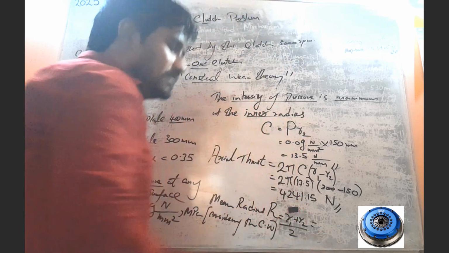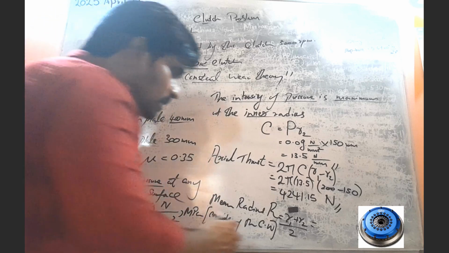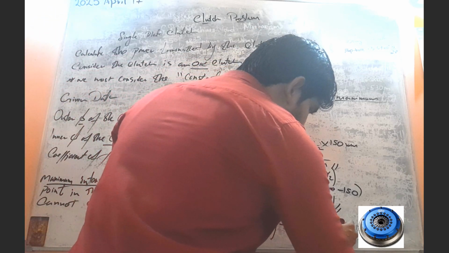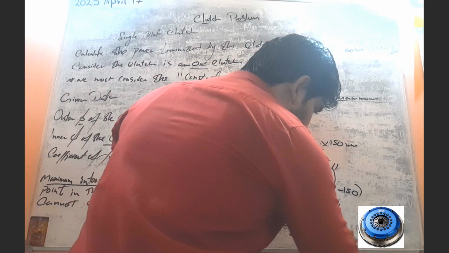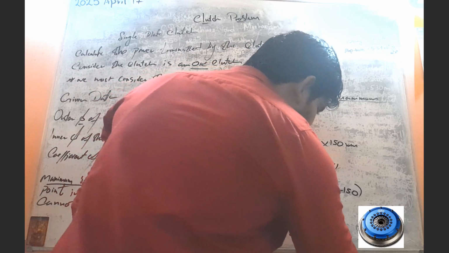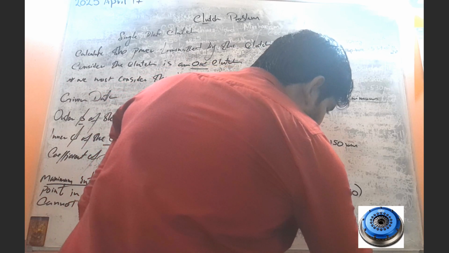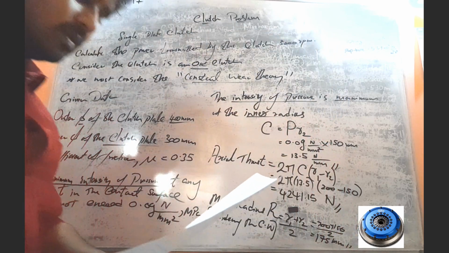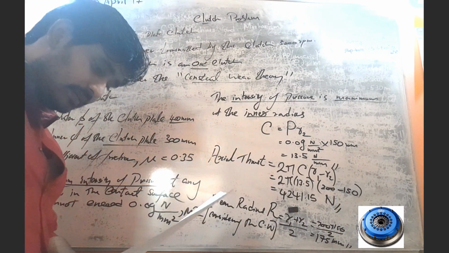So what is that? 200 plus 150 divided by 2. The answer will be 175 millimeters.